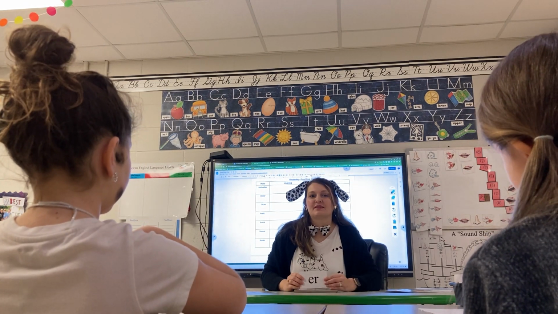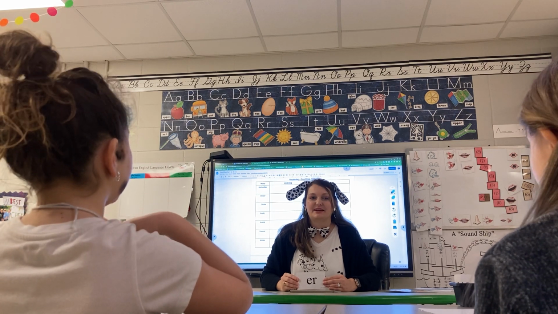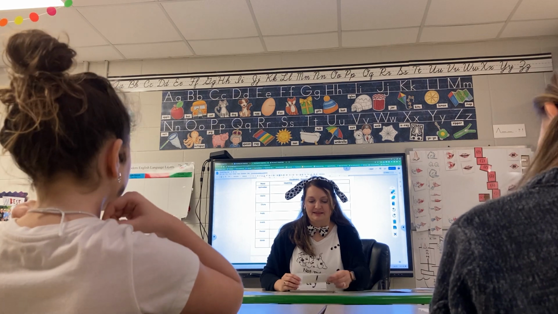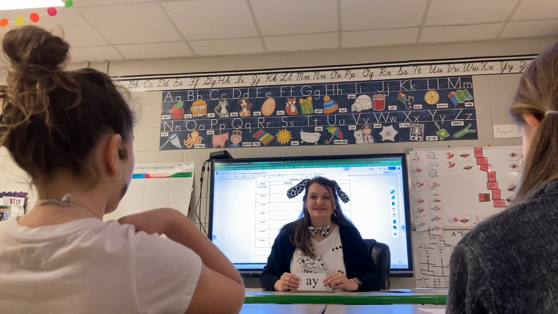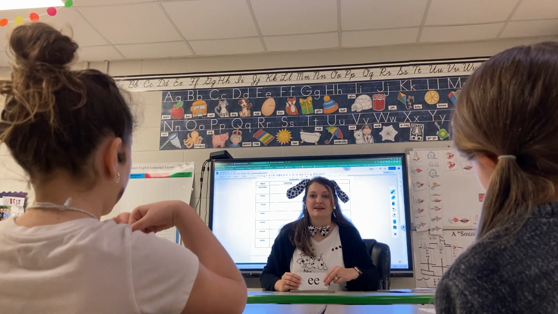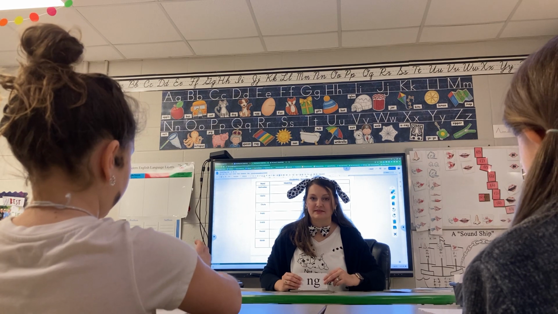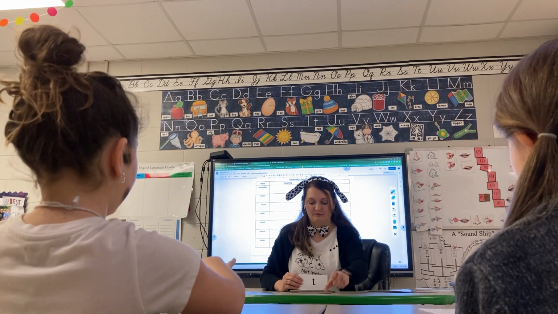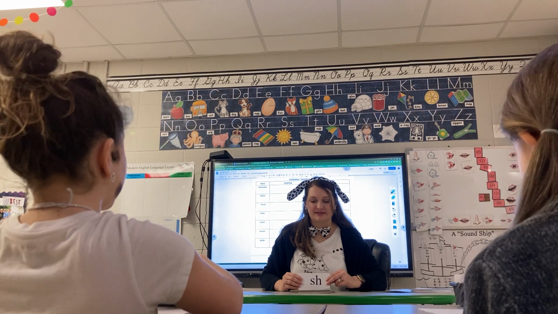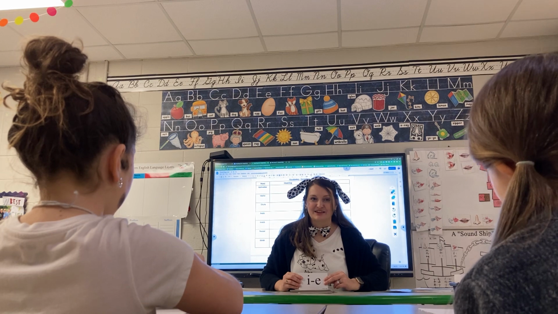Alright, let's do our RD cards. Here we go. Combination. All together. Combination ER, L, digraph AY, digraph EE, D, digraph NG, T, digraph SH, F, keep going.